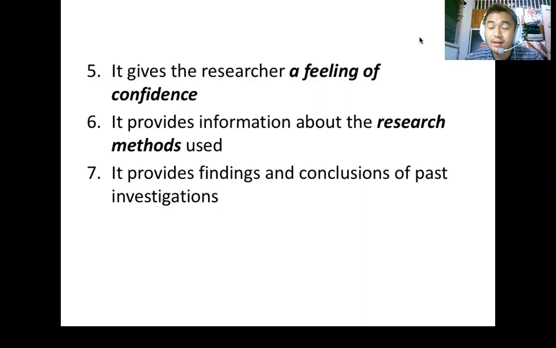Again, the feeling of confidence will come from the fact that you will be acknowledged to be a master and really know what the research is all about. Because if you really know your research, then it will allow you to be much more confident in pursuing the next process of the research work, because you know everything. You have the knowledge. Basically, you know how to address whatever the results will be.